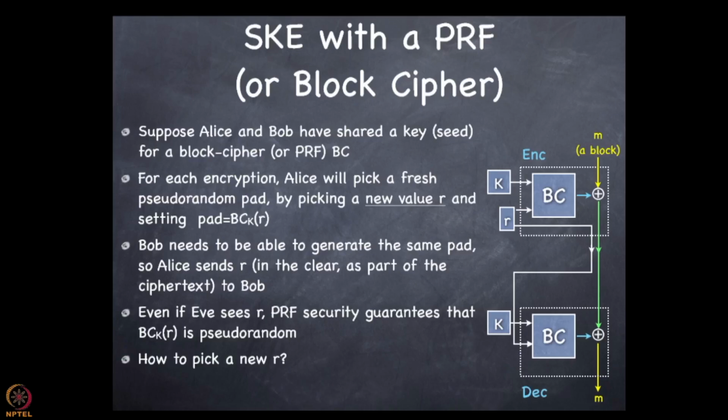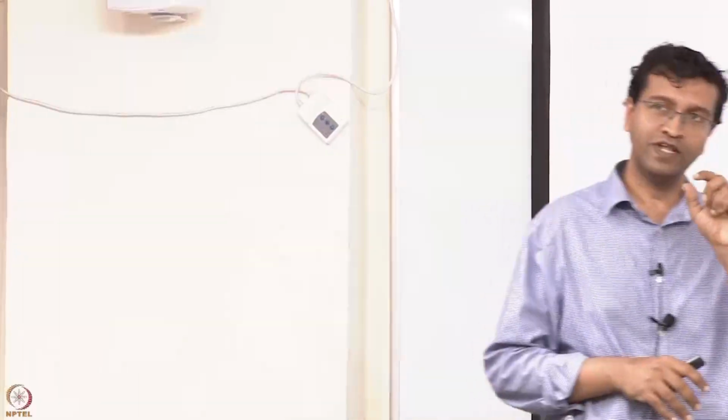Because there are much higher probabilities that an adversary can guess your key and distinguish between a block cipher and a real random string. So we don't care about this tiny probability. That's exactly what we mean by very small. So picking a random R will, up to a negligible probability, give you a fresh R.